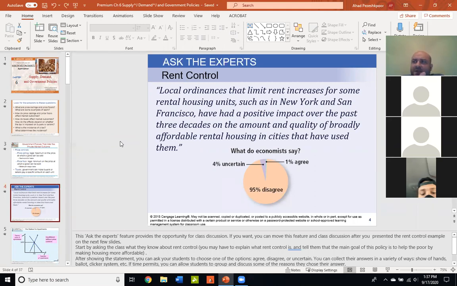Also, the quality will not improve. Why? Because let's say I'm already in the market. Why would I want to increase the quality of my apartments? Why would I need to refurnish them, make them prettier or fancier, add a new air conditioning system, things like that? Why should I do that when I cannot actually make that money come back, when I know that my price is fixed and my competitors are going out?